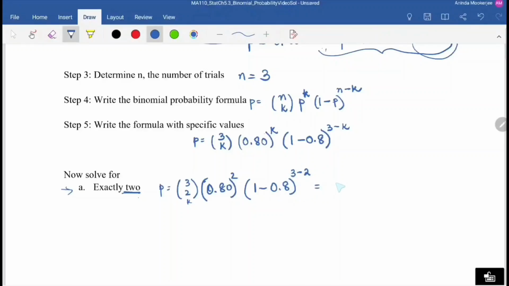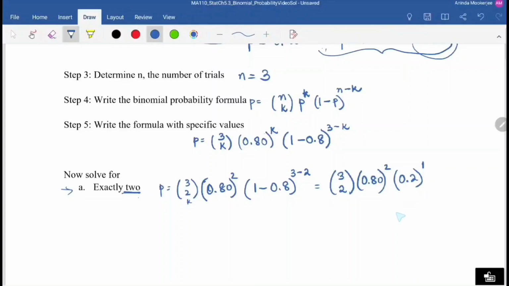Correct? So let me just write it down again. Just a second. It's not 3 divided by 2. Please don't make that mistake. 3 combination 2, 0.80 squared, and then 1 minus 0.8 is 0.2, and 3 minus 2 is 1.